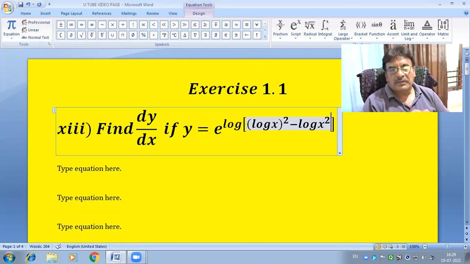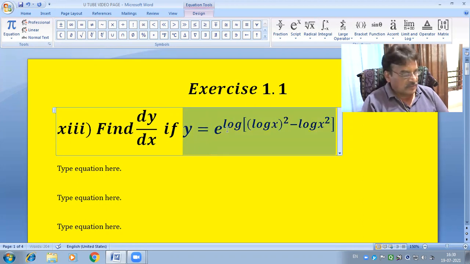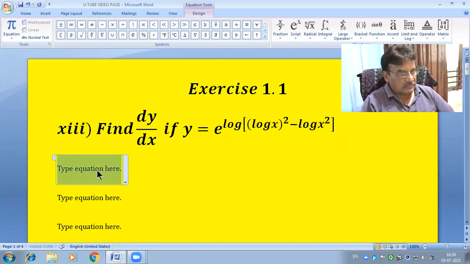This is the given function, that is, y is equal to e to the power log in bracket (log x)² minus log x². And we find here the derivative of these functions, that is, differentiate these functions with respect to x. So first we write here the given function.